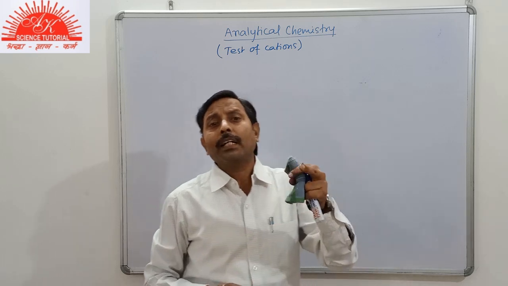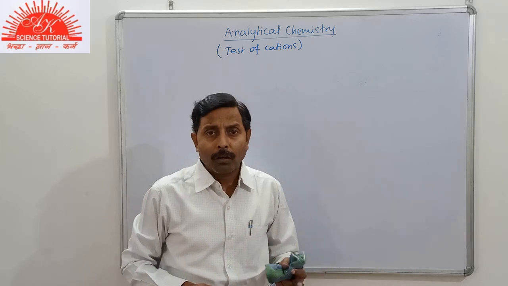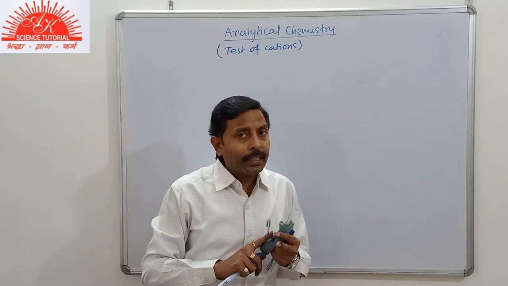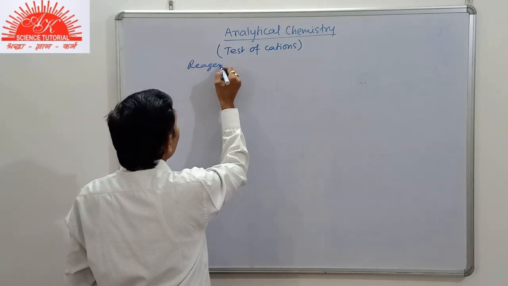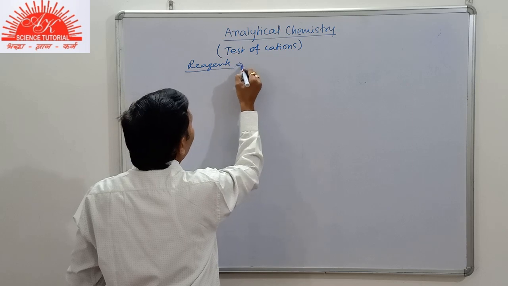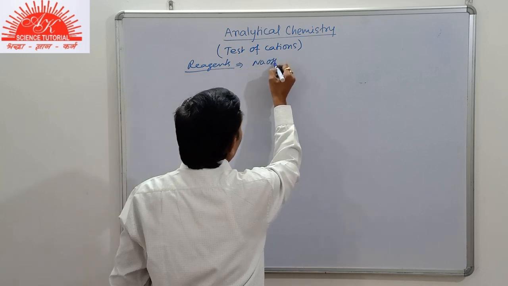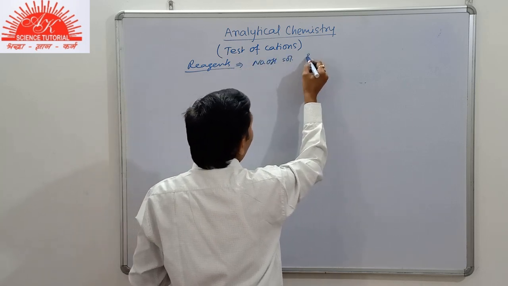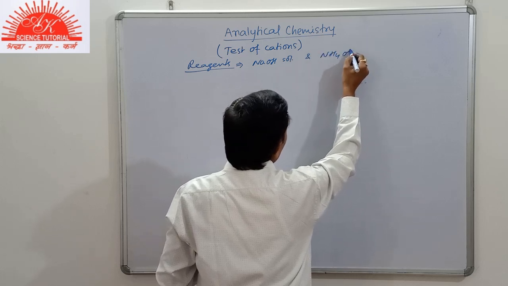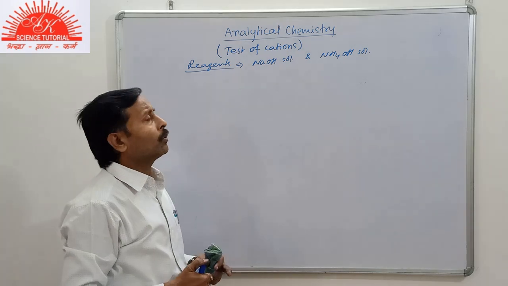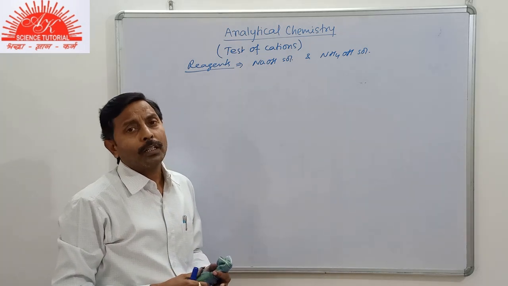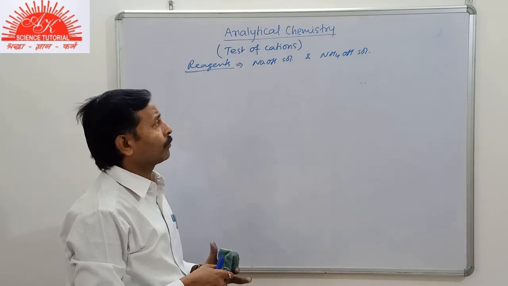But even if we take KOH, the same observation will be obtained. So the reagents are NaOH, sodium hydroxide solution, and NH4OH, that is ammonium hydroxide solution. These are the two reagents used for the test of cation.